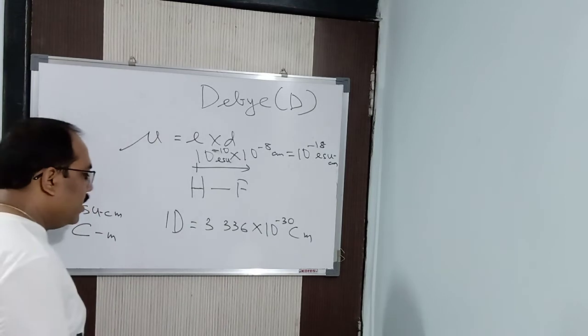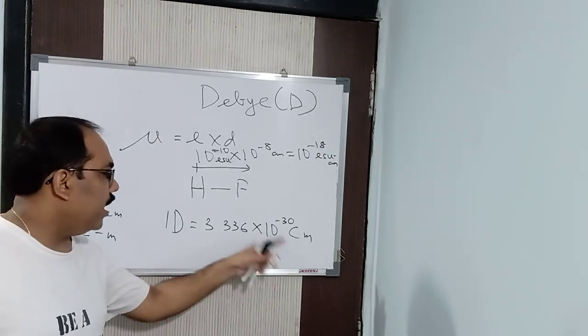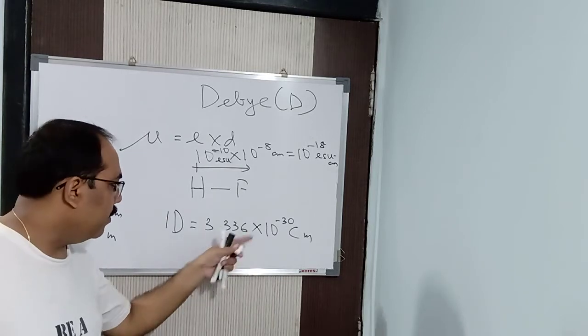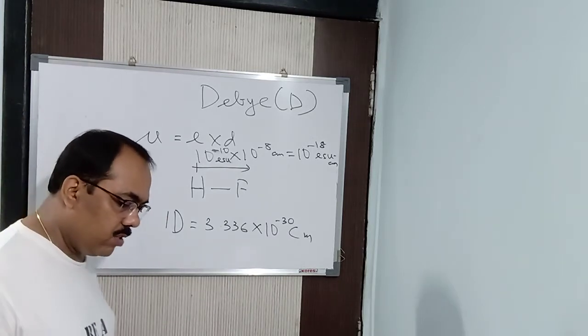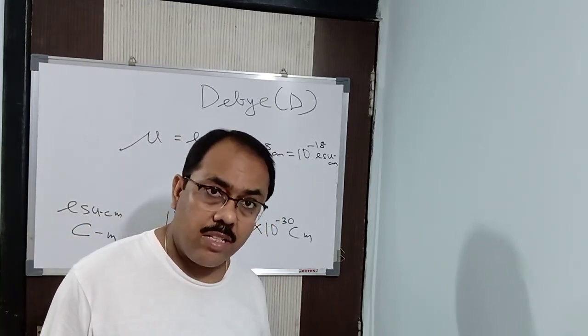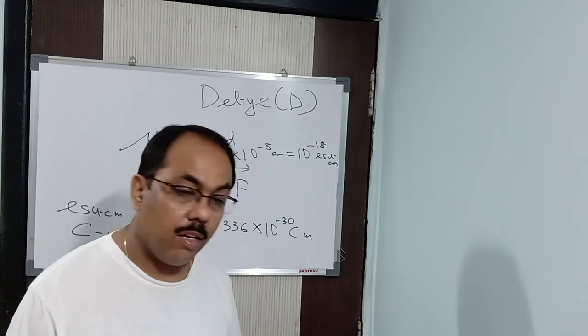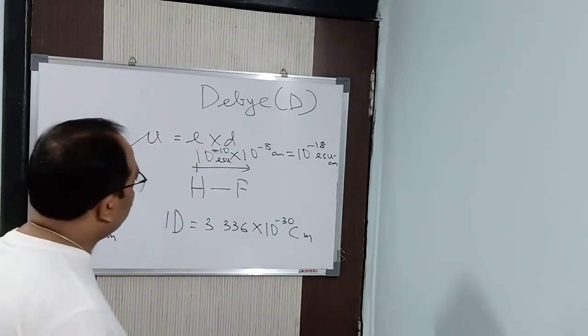You may require this while doing numericals. So in this way you understood how we represent a dipole moment. Now, the dipole moment for a diatomic molecule, I said this.